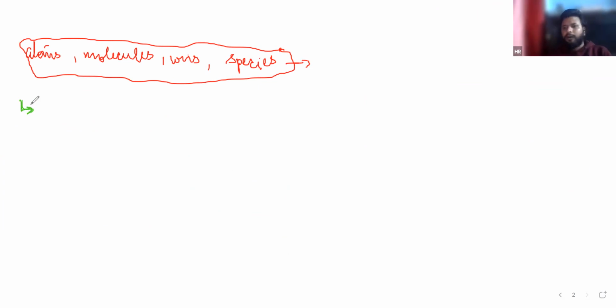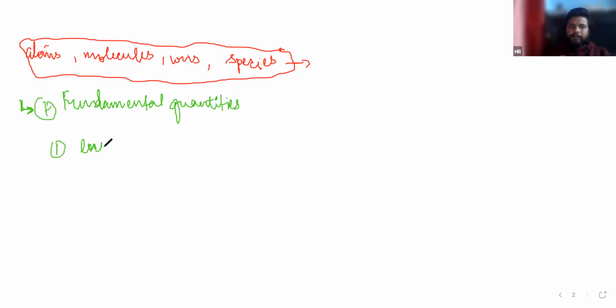have you heard of physical quantities? There are 7 fundamental physical quantities. In physics, you have already studied about fundamental quantities, in which you have learned about length, mass, time, and one of the fundamental quantities is mole.